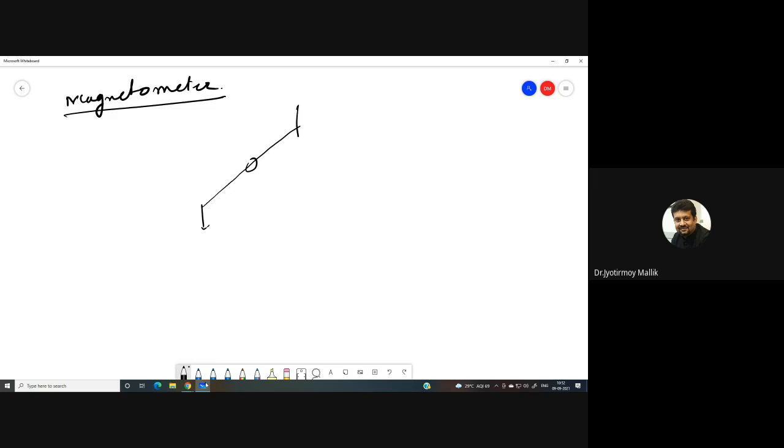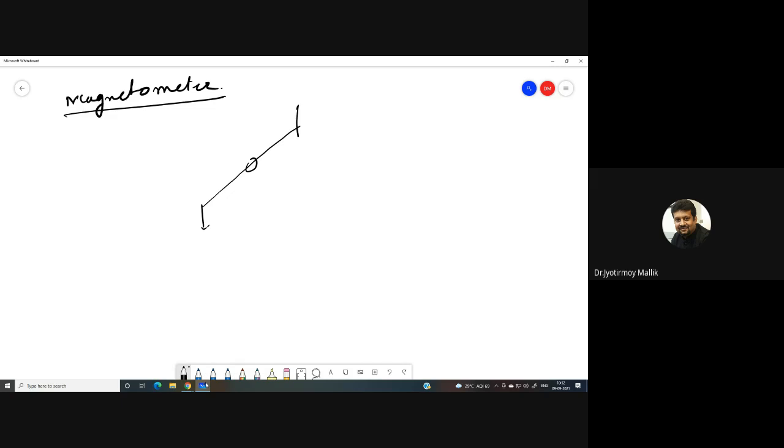Then you calculate the torque. The torque can be measured, and from the measured torque you can calculate the magnetic moment, and hence magnetization. This is the basic principle of a working magnetometer.